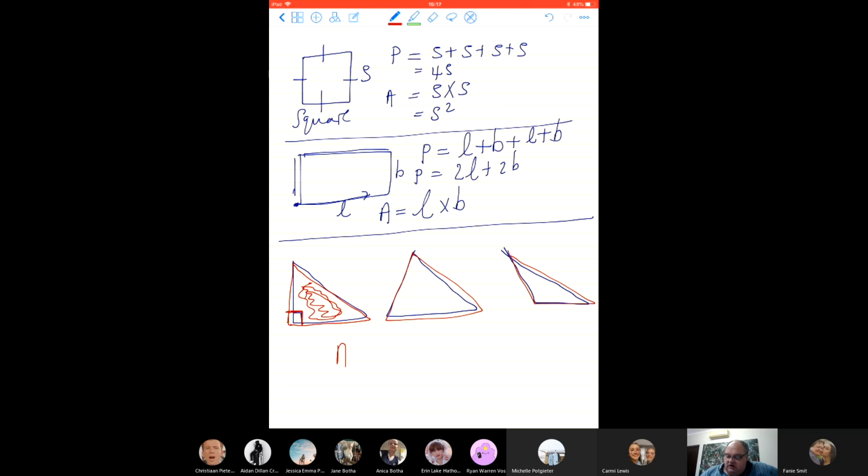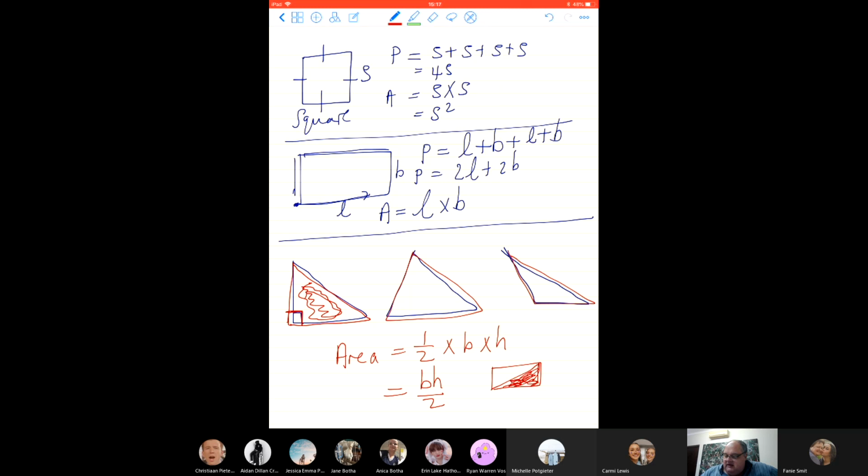Area is the one that they usually ask, and your area is a half times base times height. Another way that you can write it is base times height over 2. It's exactly the same thing. The reason it's a half is because it's half of a rectangle.